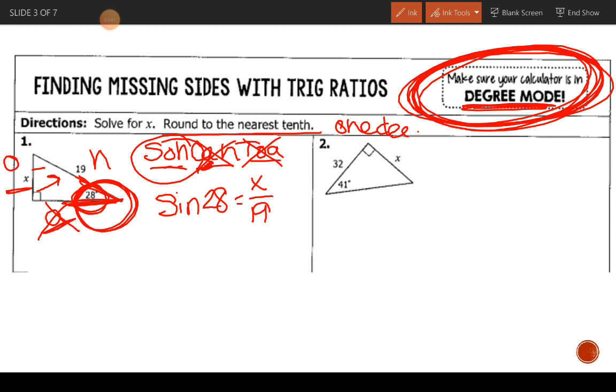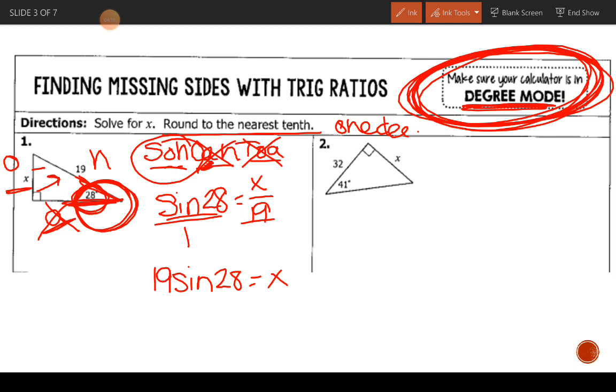Now how we solve this is we create two fractions and cross multiply. It's going to be 19 sine of 28 is equal to x. The reason I want you to put 19 in front of the sine is so that we don't have any calculator issues.